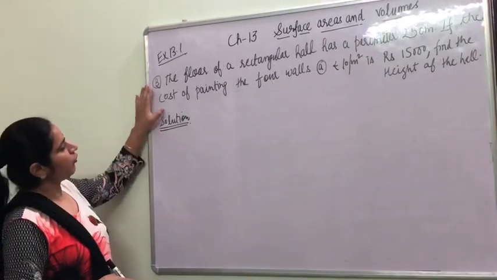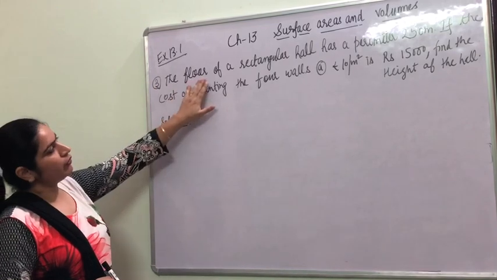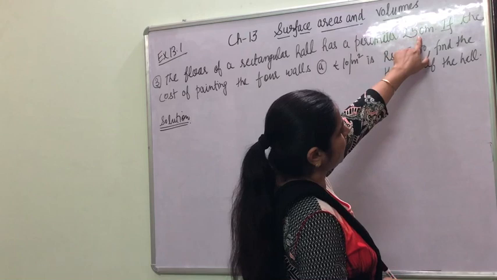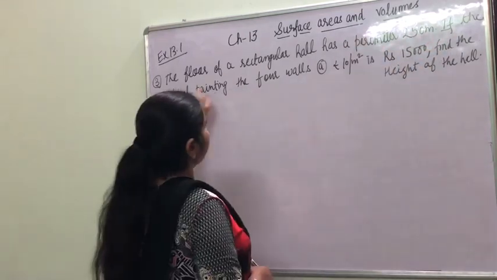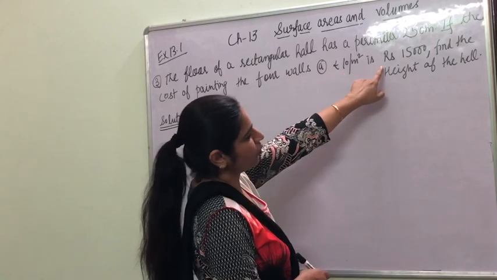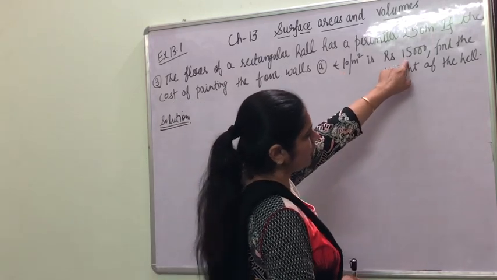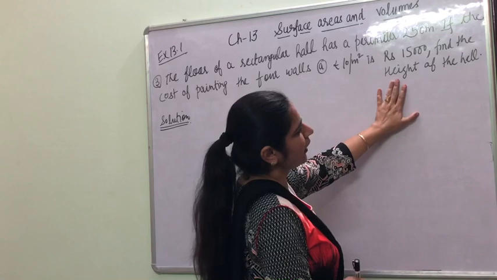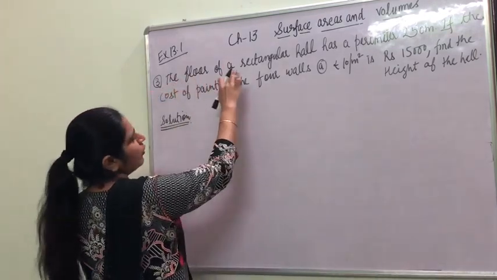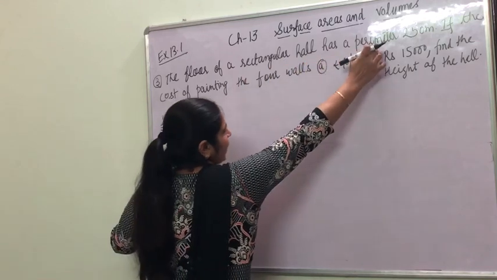Okay, now we are doing question number 3. The floor of a rectangular hall has a perimeter of 250 meter. If the cost of painting the 4 walls at a rate of 10 per meter square is rupees 15,000, then we have to find the height of the hall. In the first line they have given the floor of the rectangular hall has a perimeter 250.